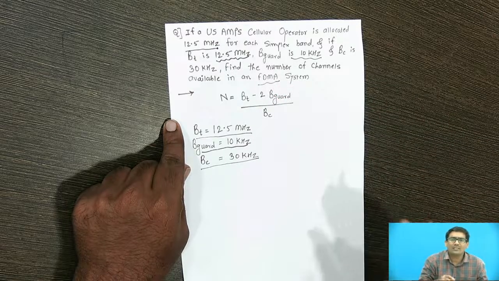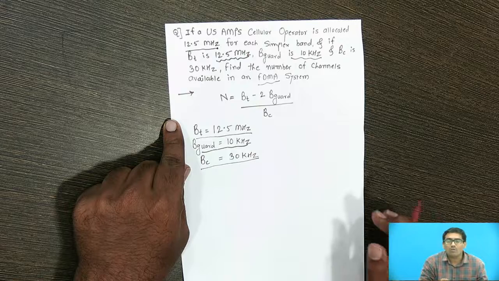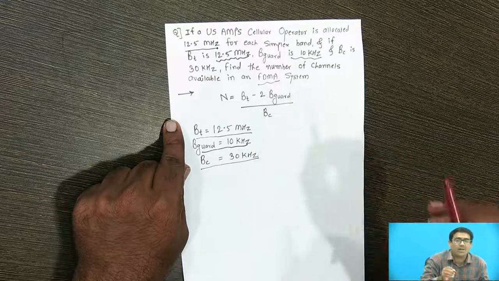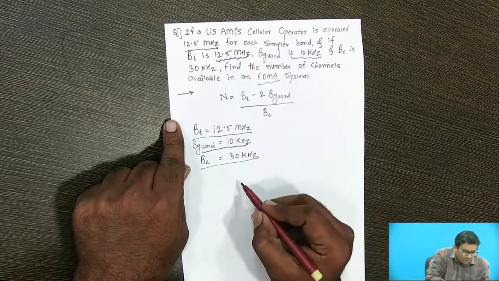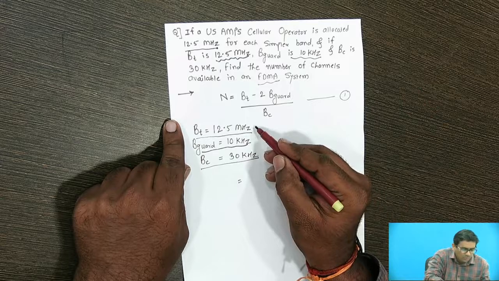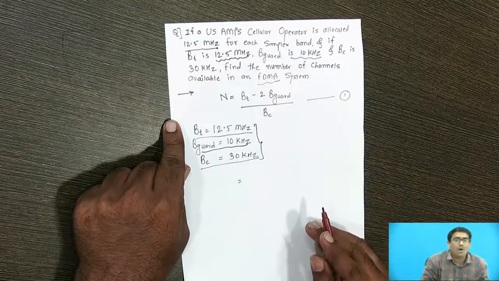As we have seen, the formula for the number of channels, N, is equal to BT minus 2B guard divided by BC. Suppose this is equation number 1. Now I will put these values into equation 1.